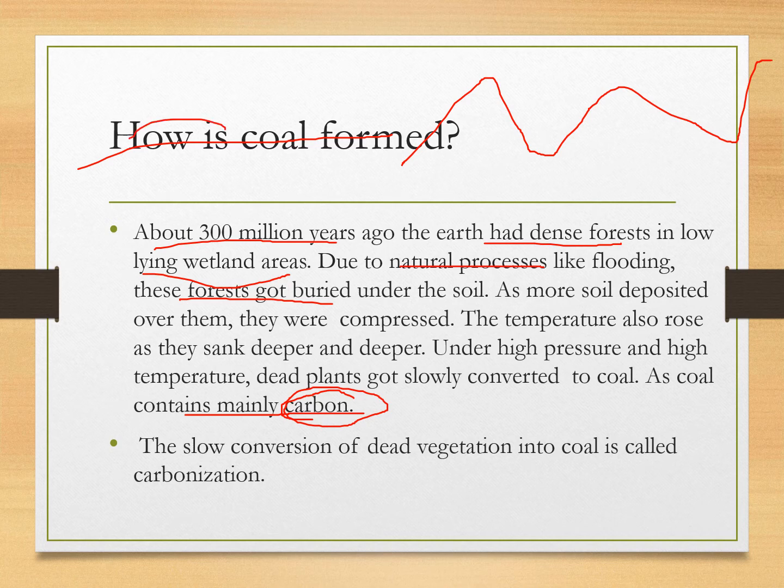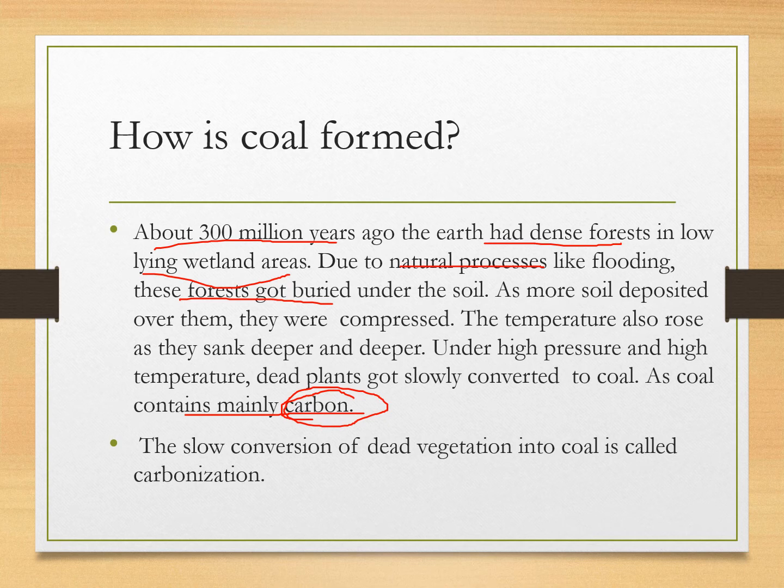They were buried into the soil, and as the soil was deposited over them, they got compressed, and the temperature rose. If you go deeper and deeper, it gets hotter; as they sank deeper, the temperature kept on rising.